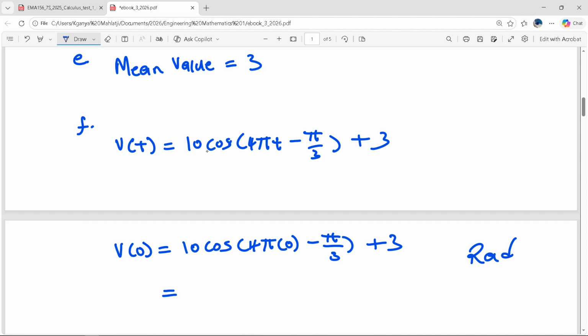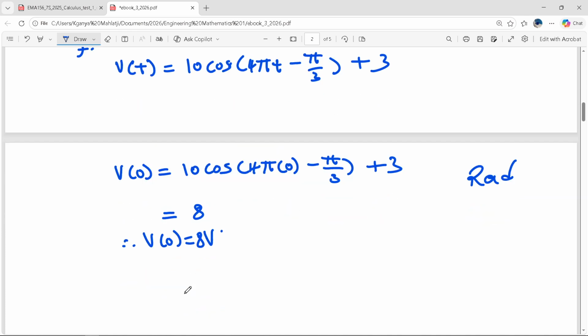Therefore your answer here is 8. So V at 0 equals 8 volts.